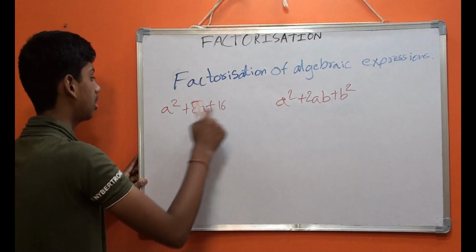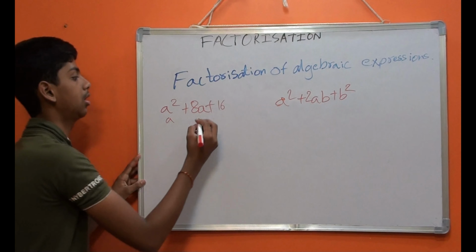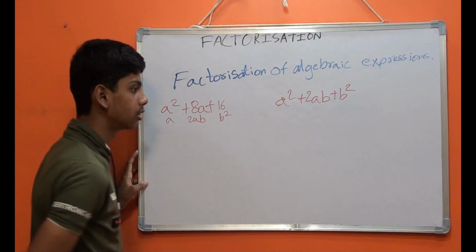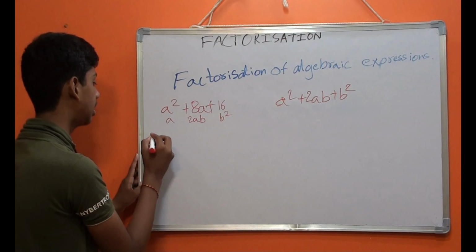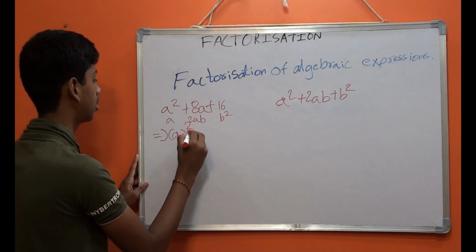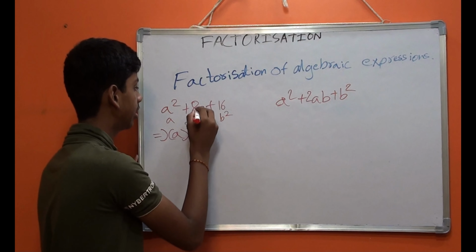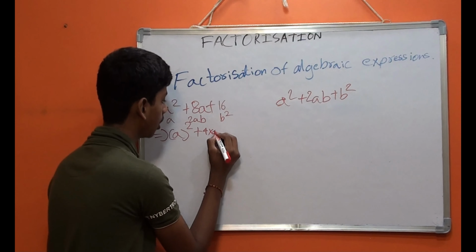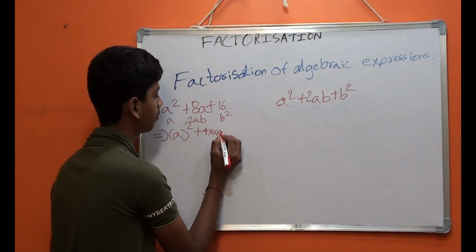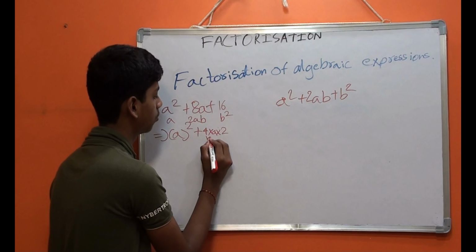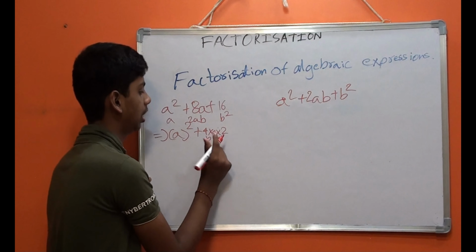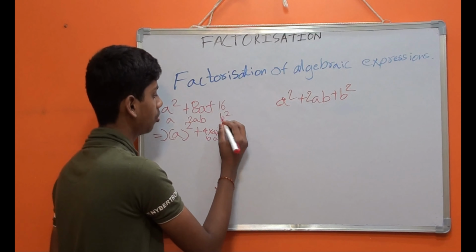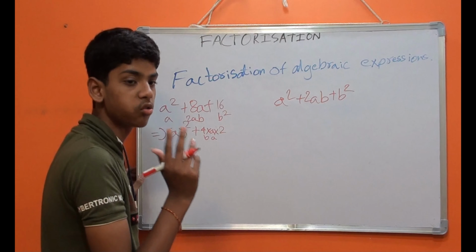So here we take this as a square and this as 2ab and this as b square. So here we write it as a square plus 2ab. So we divide it by 2, then we get 4 into a into 2. So here 4 must be b and a is a, and this is the 2 over here. And 16 is the square of 4.